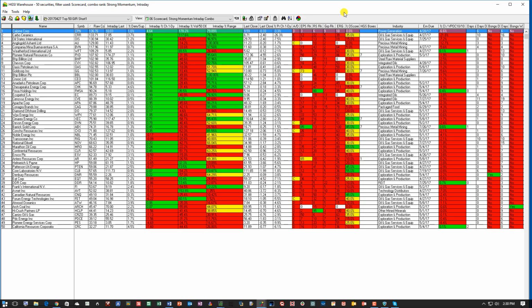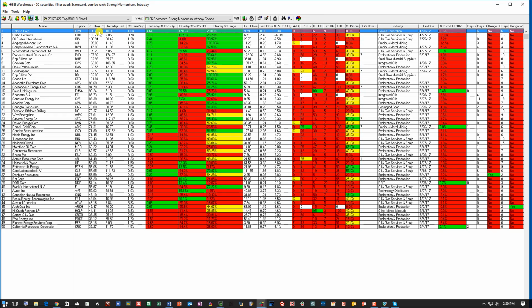By the way, look over here at this scorecard area. You can see that these stocks as a group have very poor scorecard numbers. And as I said earlier, a lot of these are going to be oversold, and they have a tendency to bounce back a little bit.